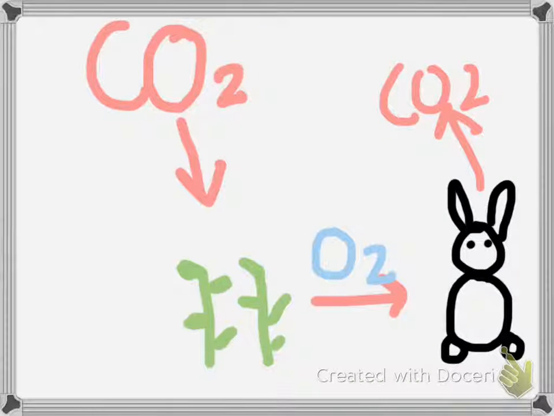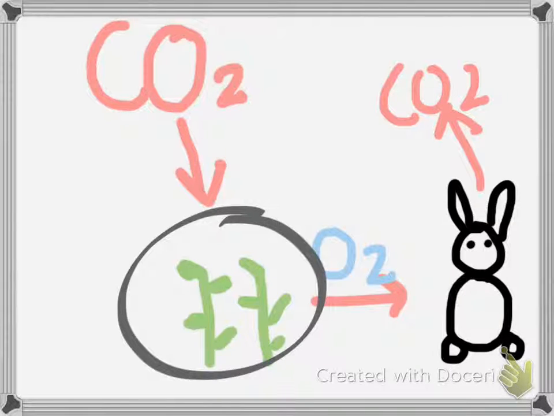Now, the carbon cycle is a little tricky, but let's start where we already know. CO2 is taken down from the atmosphere by producers. Now, we just studied this. Producers, through a process called photosynthesis, use CO2 to produce energy for themselves and to release oxygen.